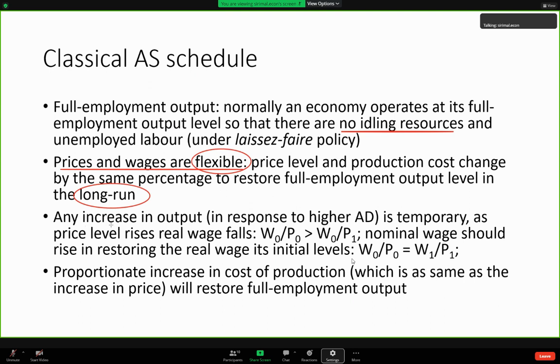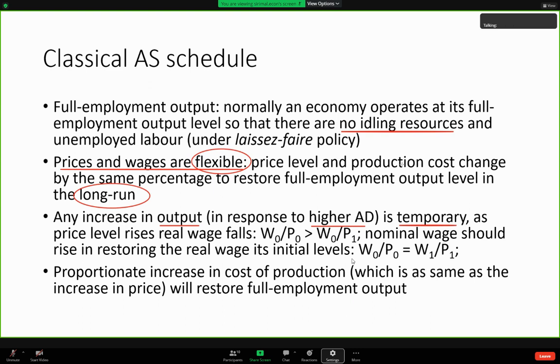So any increase in output as a result of an increase in aggregate demand, you remember that part, aggregate demand goes up, in the Keynesian view output should respond. Classicals don't deny that, but they assume that it is a temporary phenomenon.